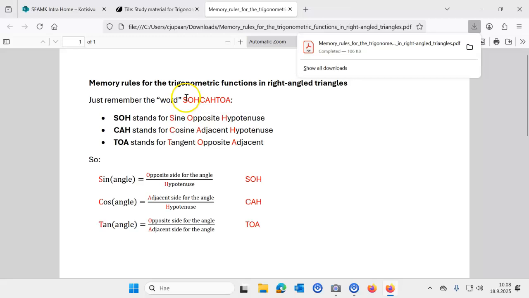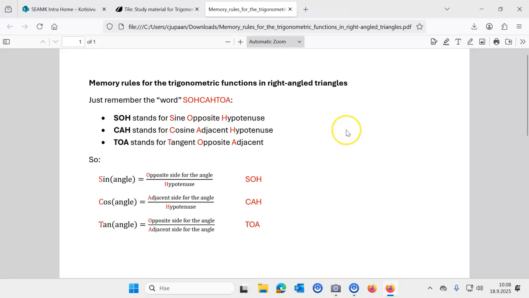So it is very easy if you just remember this word. So it is very easy to remember how to calculate sine, cosine, and tangent in a right angle triangle.